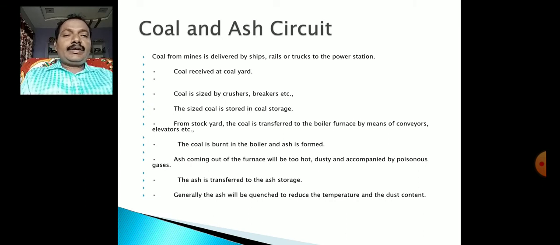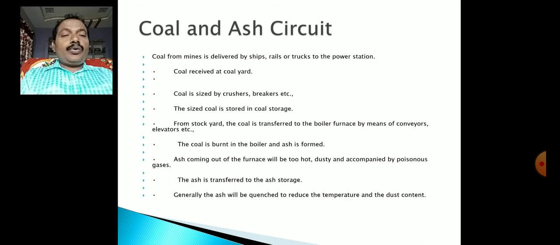After that, from the stockyard, the coal is transferred to the boiler furnace by means of conveyors or elevators or some other systems. So the coal is transported systematically in a defined manner to the boiler section, that is the boiler furnace, where it is burnt.